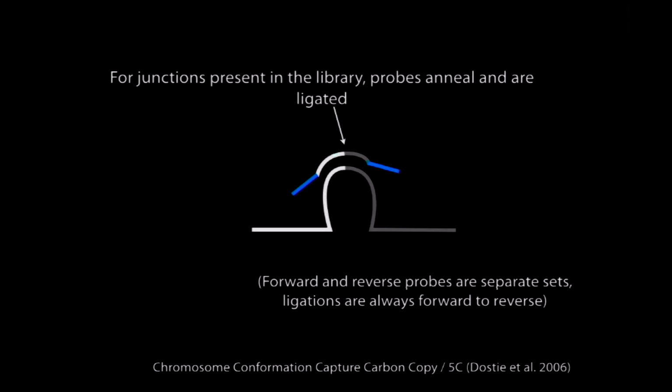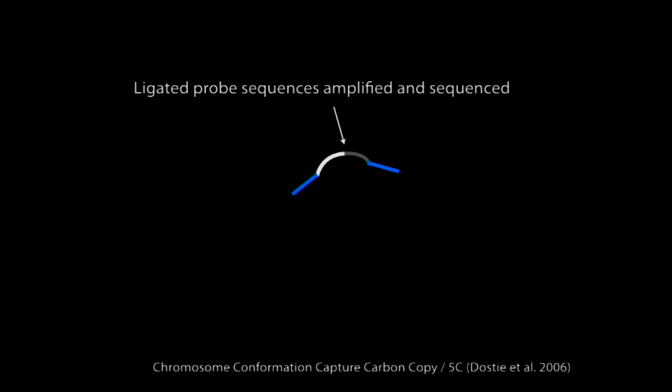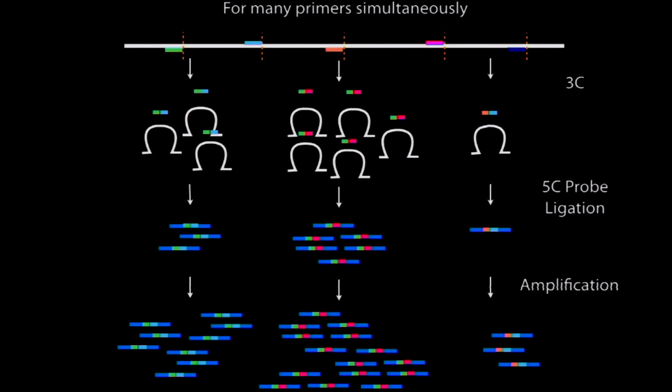And so what you get is not your products, but actually these amplified primer pairs, and the amount of them you're going to have is going to be proportional to the amount of interaction that was in the 3C library. Proportional, of course, but exponentially biased due to PCR. You do this for many primers simultaneously, right?